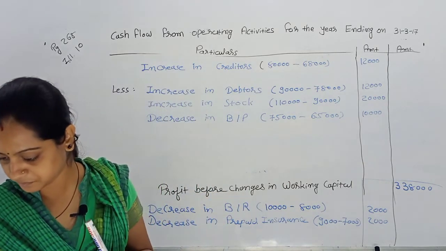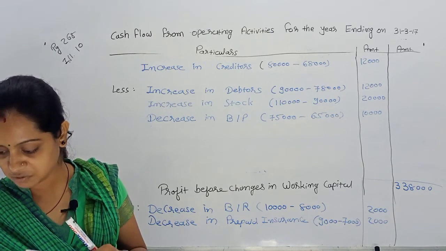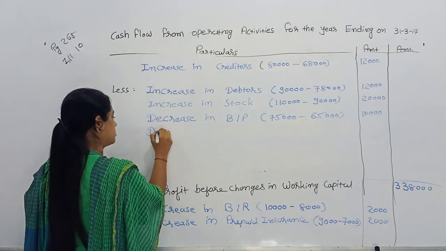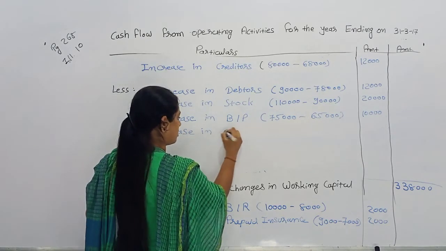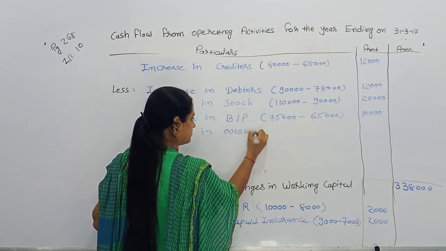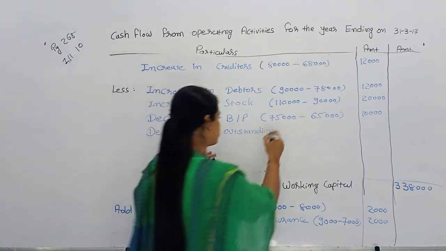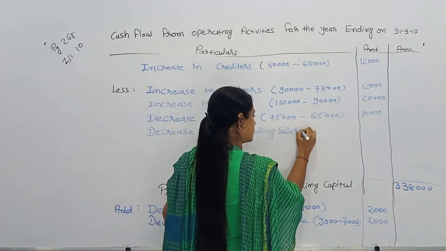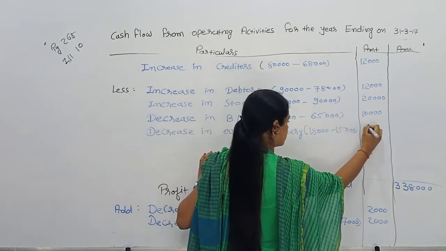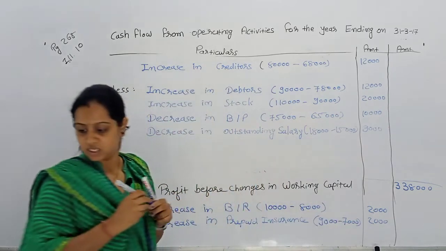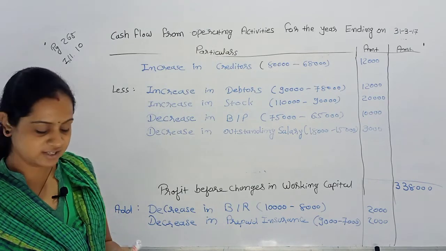Then outstanding salary has also decreased. So here I have to write decrease in outstanding salary, 18,000 minus 15,000, that is 3,000, right? With this we have given all the effects of this sum, right?